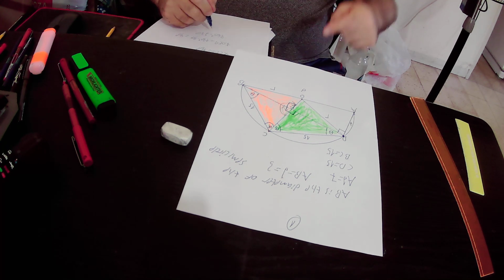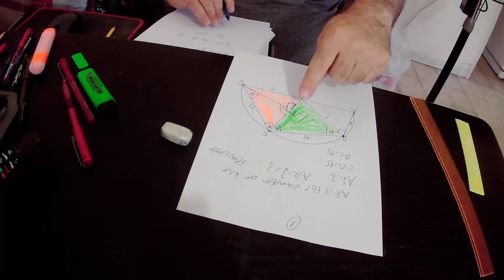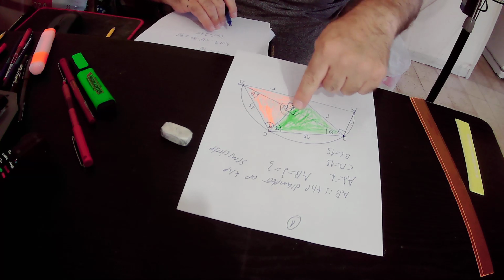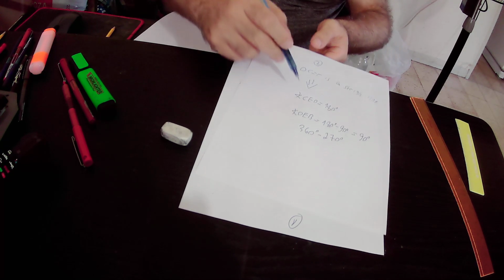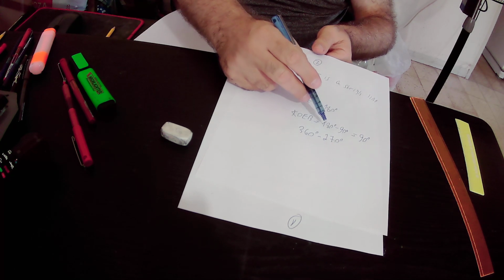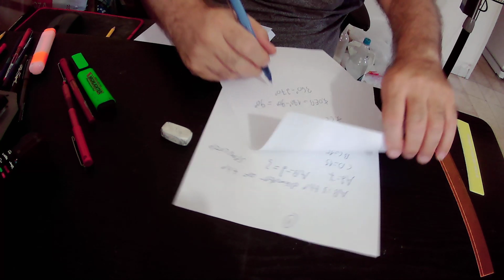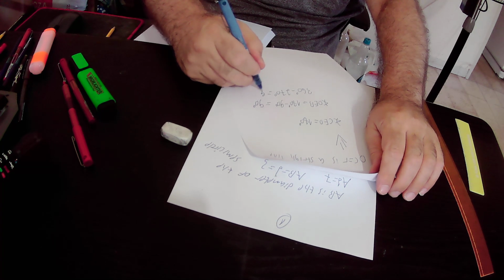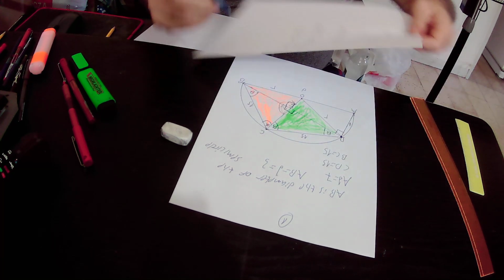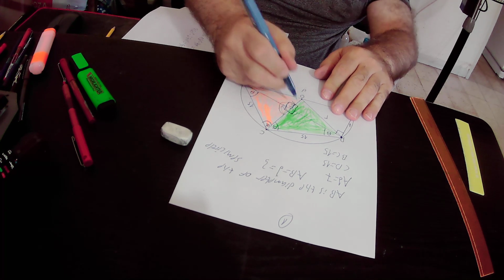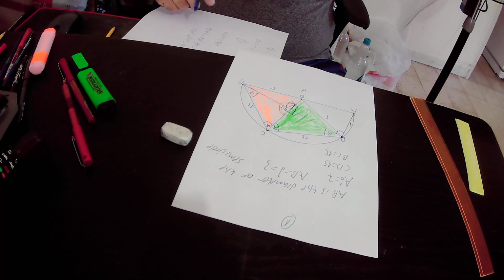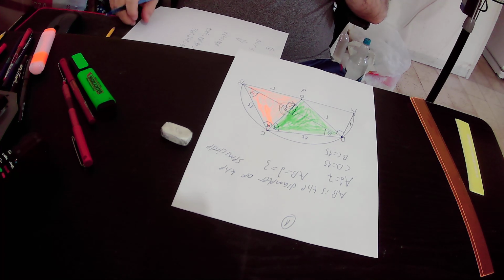So the size of this angle is 360 degrees minus 270 degrees, which equals 90 degrees. So this angle is also a right angle, so all the angles around point E are right angles. Okay?